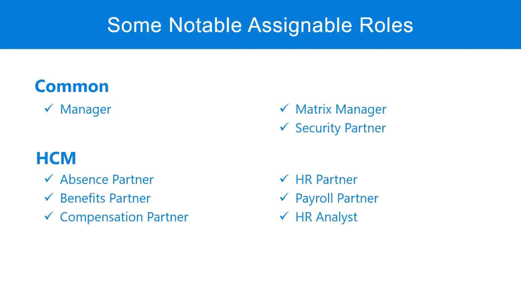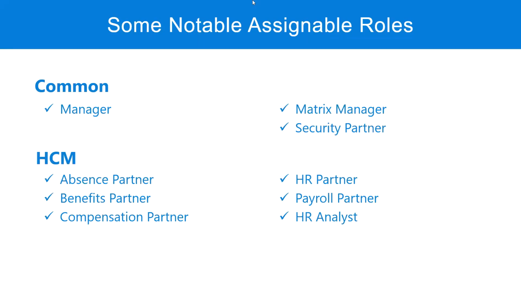We discussed what happens if the position is vacant. Can we still assign the role to a vacant position or an unfilled position? Yes. We can. But there is no worker for that particular role.